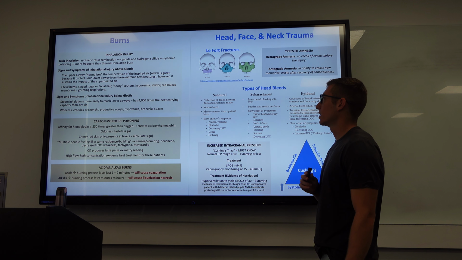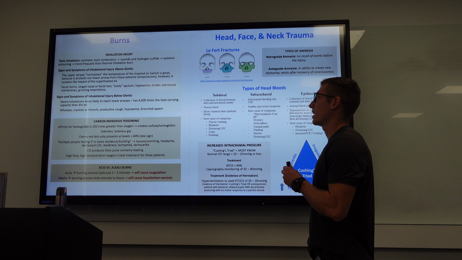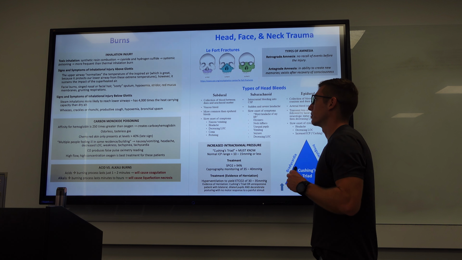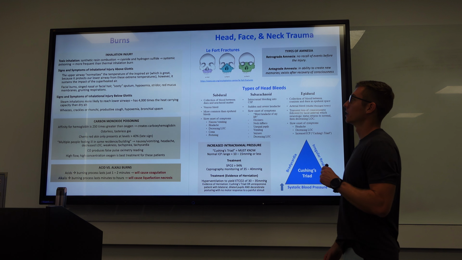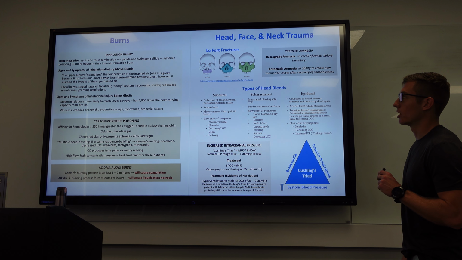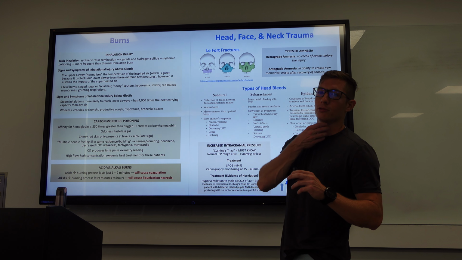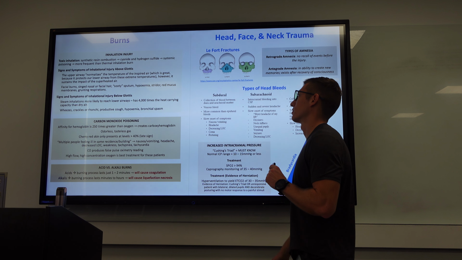So the upper airway normalizes the temperature of the inspired air, which is great because it protects our lower airway from these extreme temperatures. However, it sustains the impacts of superheated air, right? So that superheated energy has to go somewhere, and it's being taken into your throat.